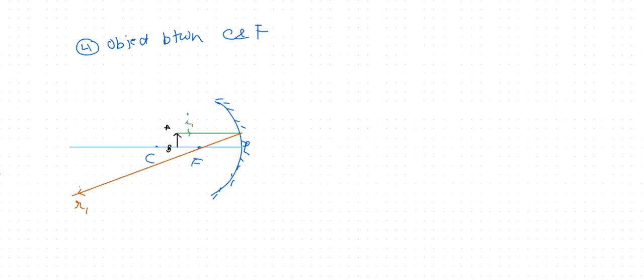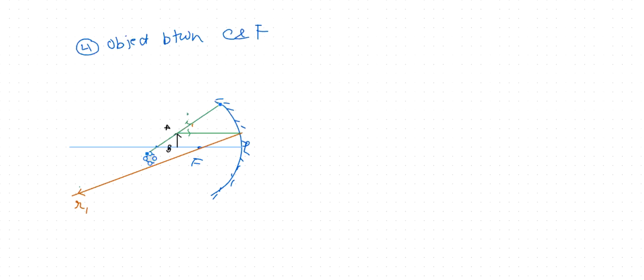Now it's between C and F. What do you think we should take the second incident ray as? Let's take it through center of curvature because it's going to be easy that way. Okay, so let's do that. So my second incident ray will go through center of curvature. And I'll extend it here.